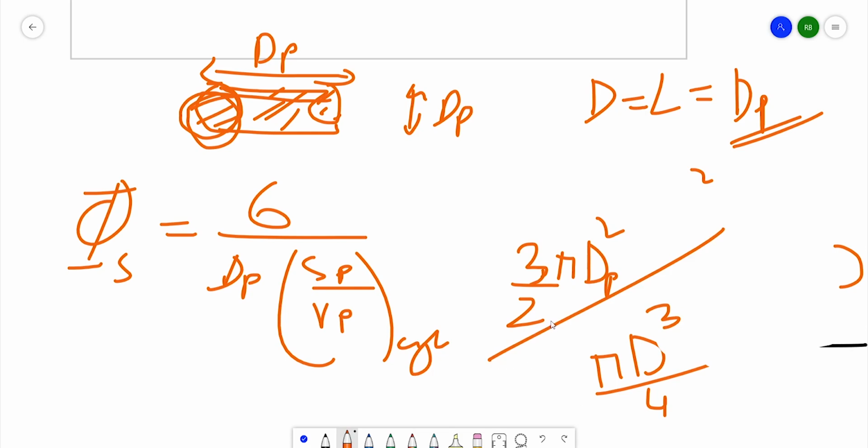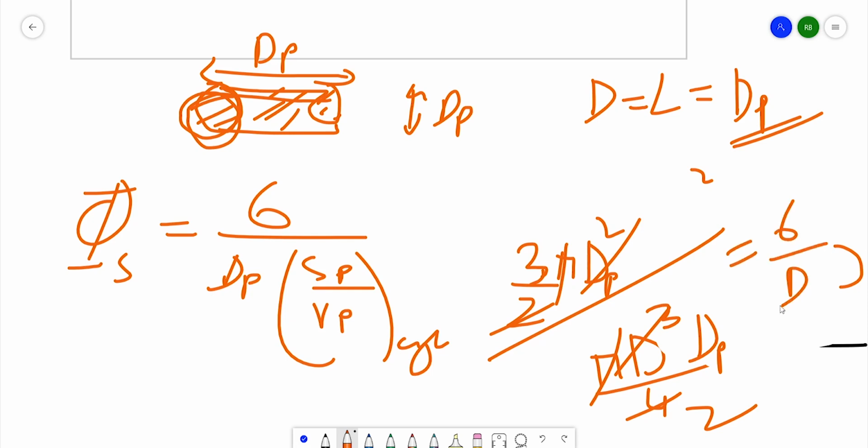The 2 pi cancels out, and this becomes a single dp. So you get 6 by dp.